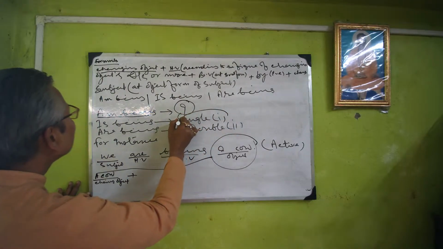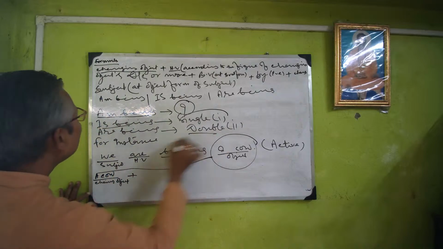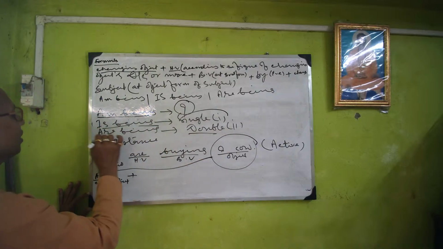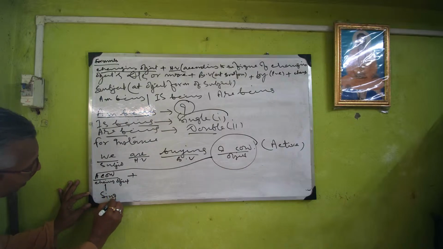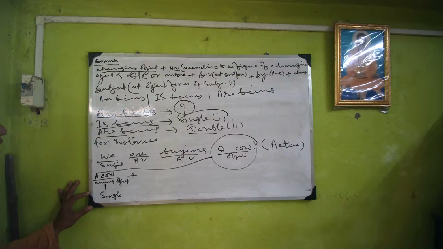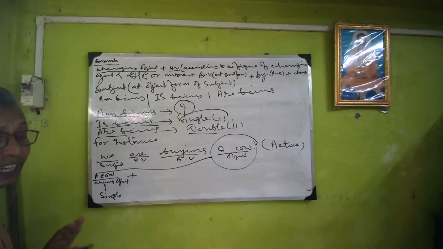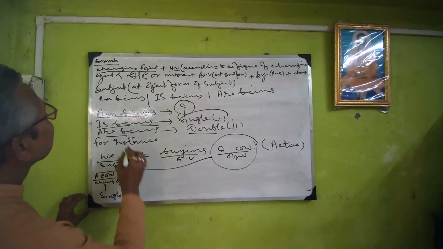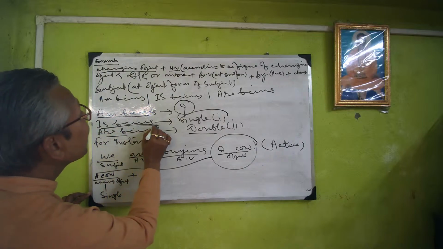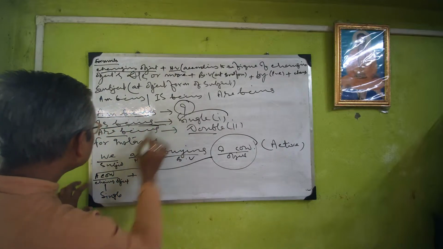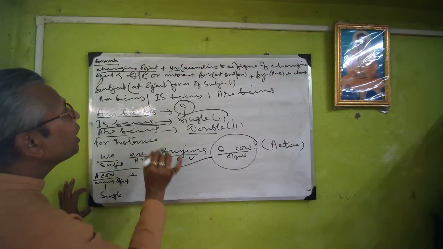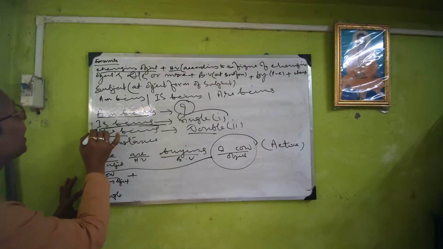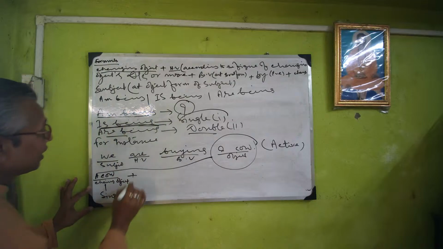Single figure is being, double figure are being. A cow is a single figure, so we can get is being in this field.